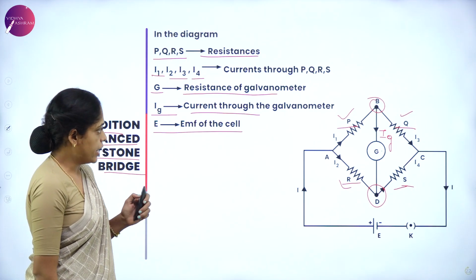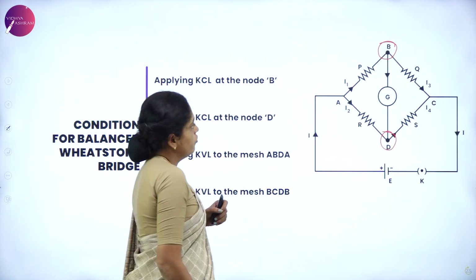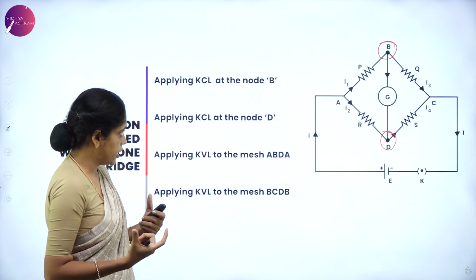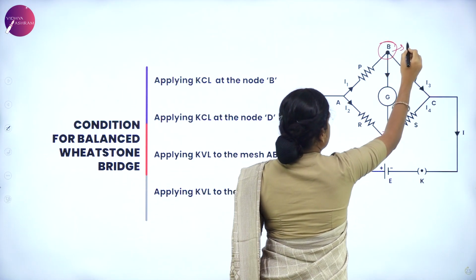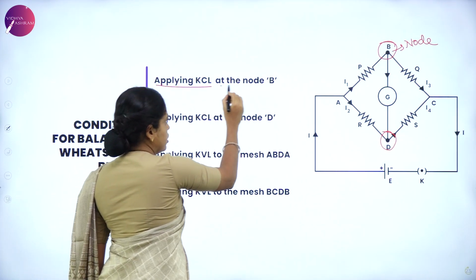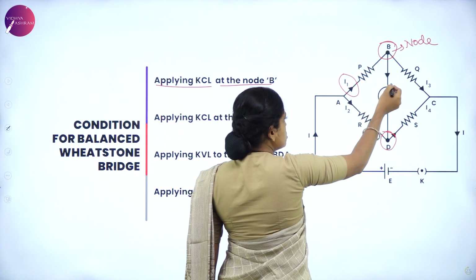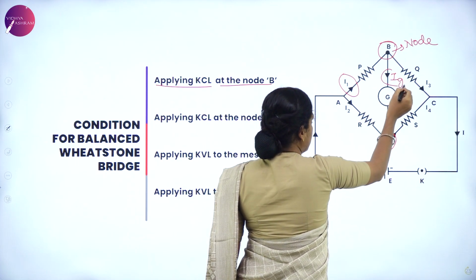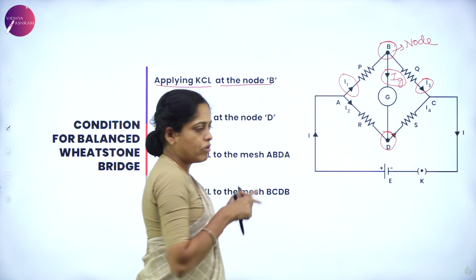To find the balancing condition of this Wheatstone network, consider the points B and D, that is the point where the galvanometer is connected. Observe that this point is a node. To this node, let us apply KCL, the first law, at node B. Now look at the currents at this node. I1 is the current which is entering. IG is the current which is leaving the node, and I3 is also a current which is leaving the node.